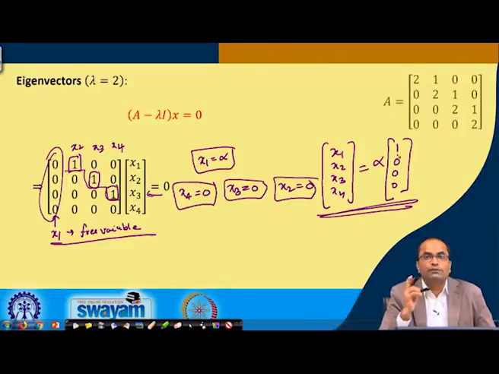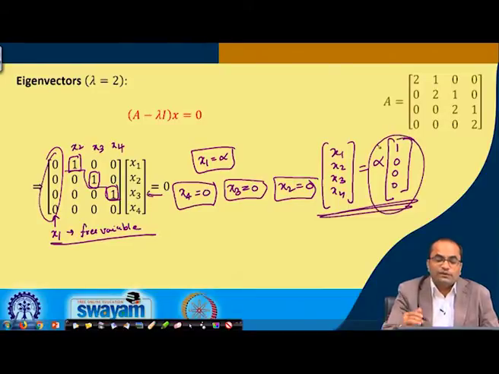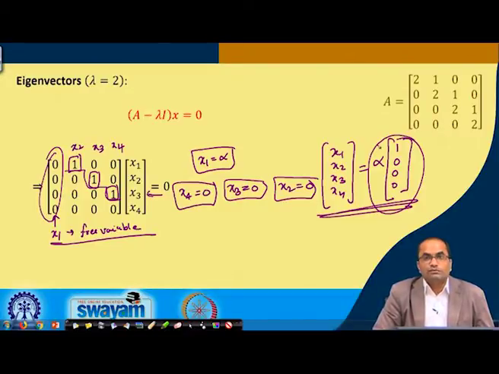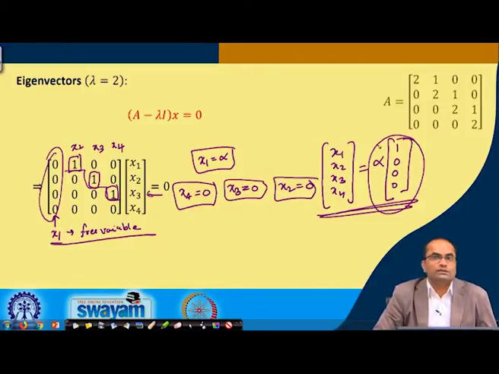That means, here we have only one free variable. Though the 2 was repeated 4 times in this particular example, we are getting only one linearly independent eigenvector, whereas in the previous example the eigenvalue was repeated 2 times, and we were also getting 2 linearly independent solutions of this equation. But now, though the 2 was repeated 4 times, we are getting only one eigenvector corresponding to this 4 times repeated eigenvalue 2.